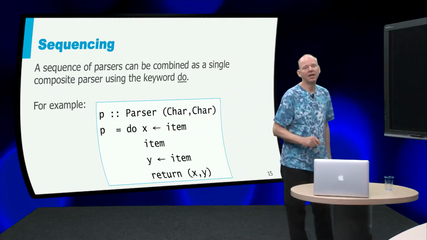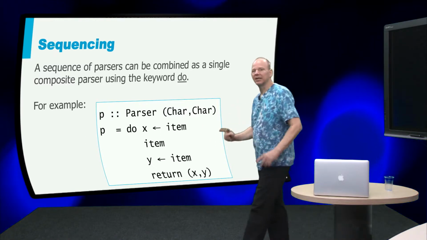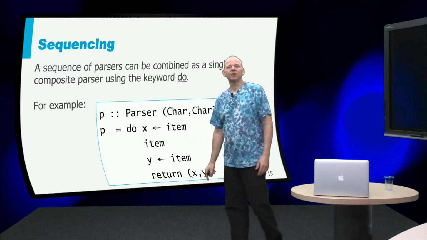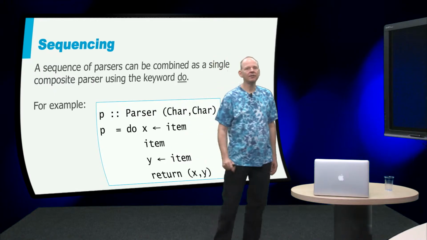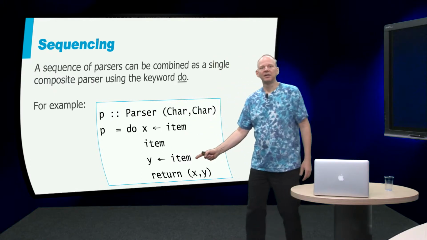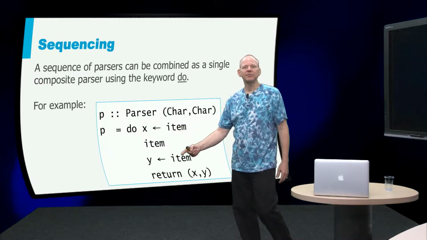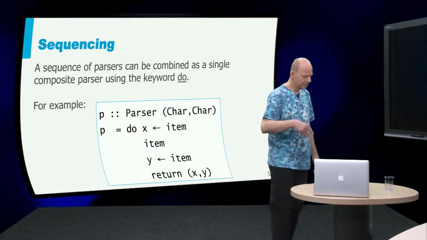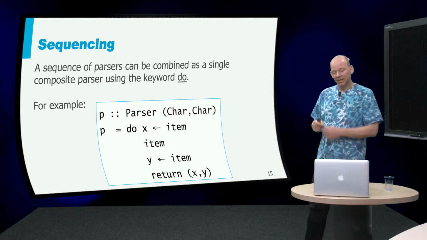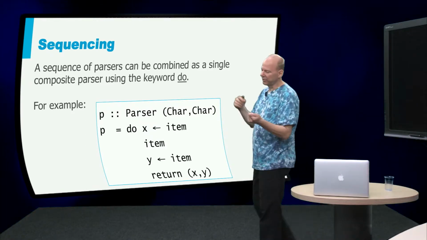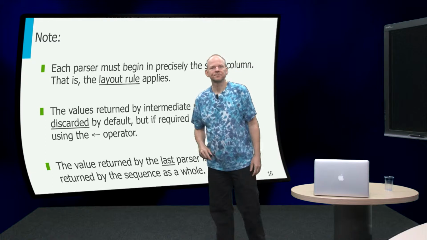I don't care about that one, so I don't give it a name. Then parse a third item, call that Y, and then return the pair X, Y. So what you see here is that we're sequencing these three parses of items, and we're just returning the first and the last.